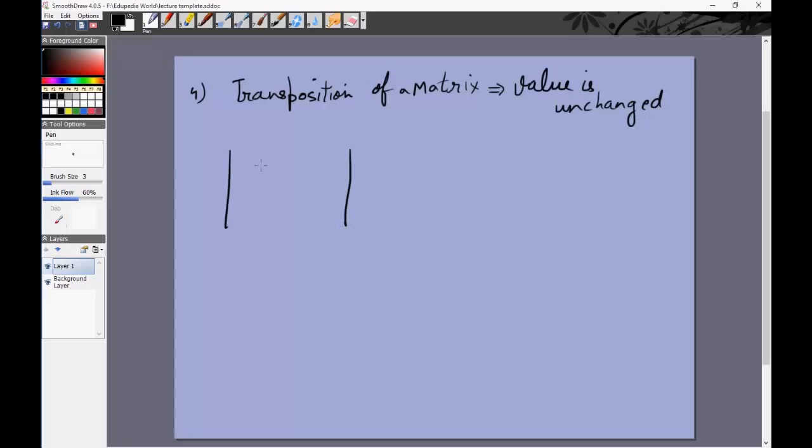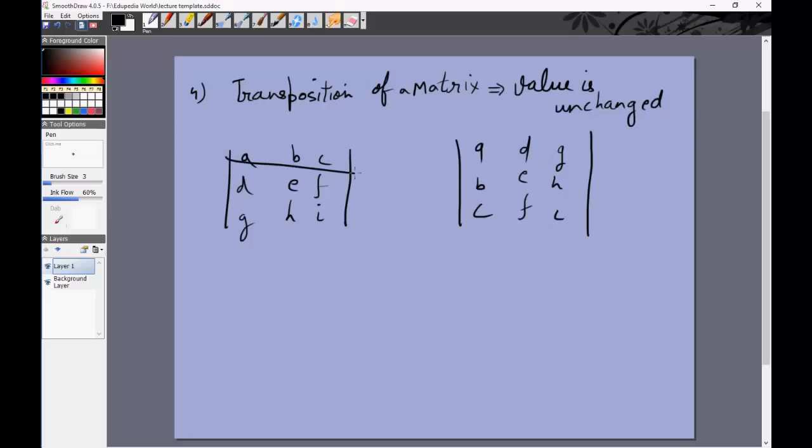So let's say you have A, B, C, D, E, F, G, H, I, and you have the transpose of this matrix A, B, C, D, E, F, G, H, I. If you don't remember what transposition is, we've done it in a previous video. So what you do is you expand this by the rows. So A times E, F, H, I determinant, B times D, F, G, I, and C times D, E, G, H. Right, so you get a particular relation.